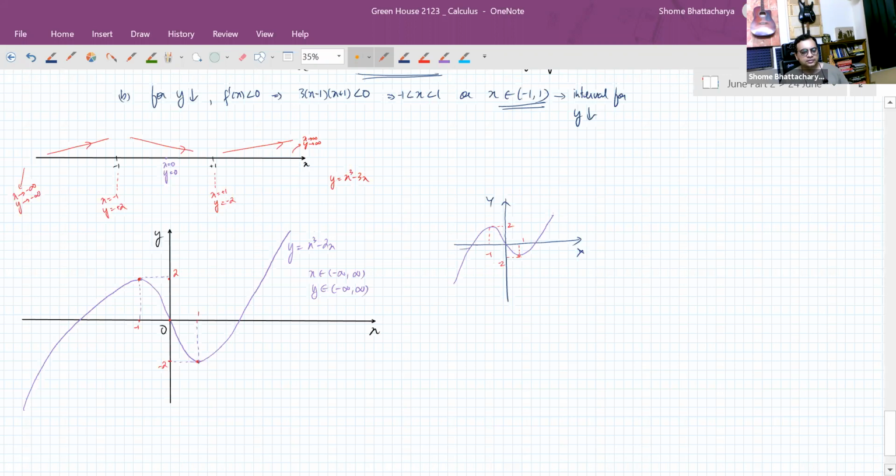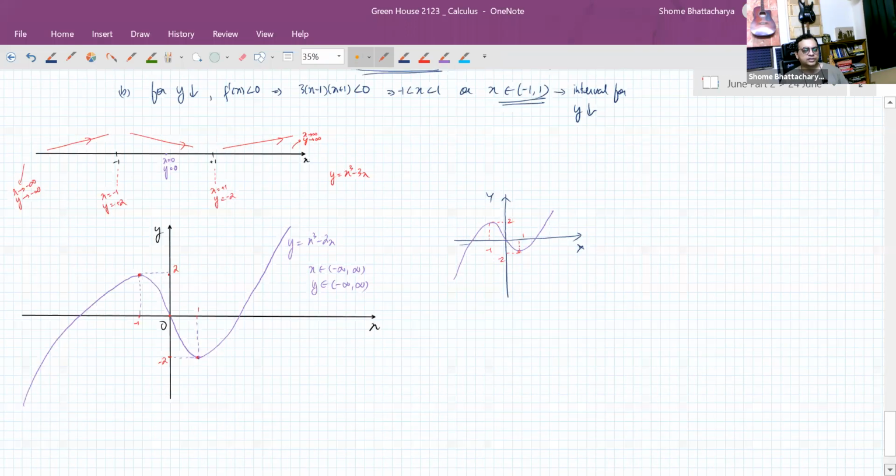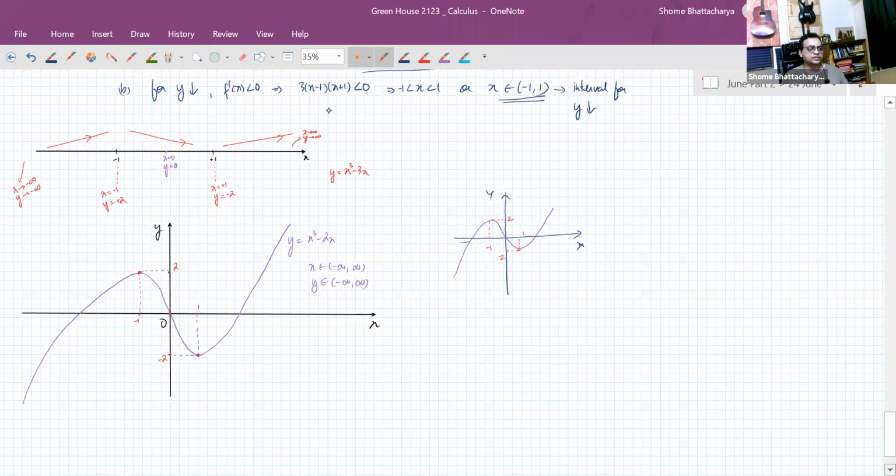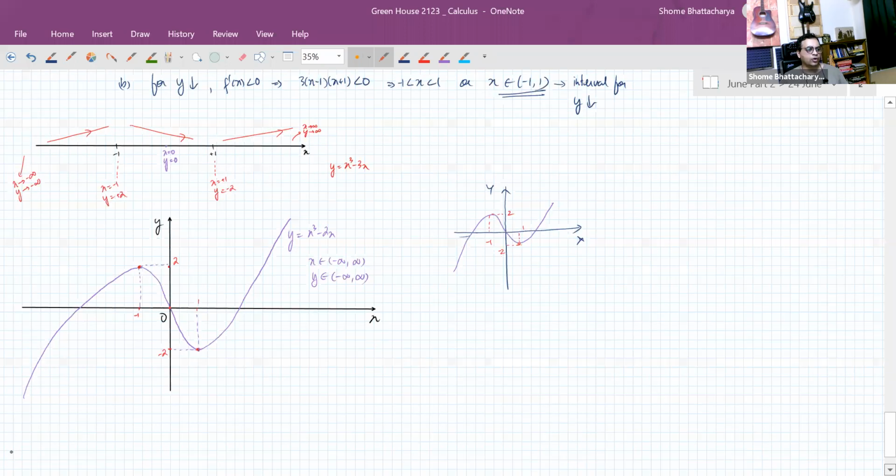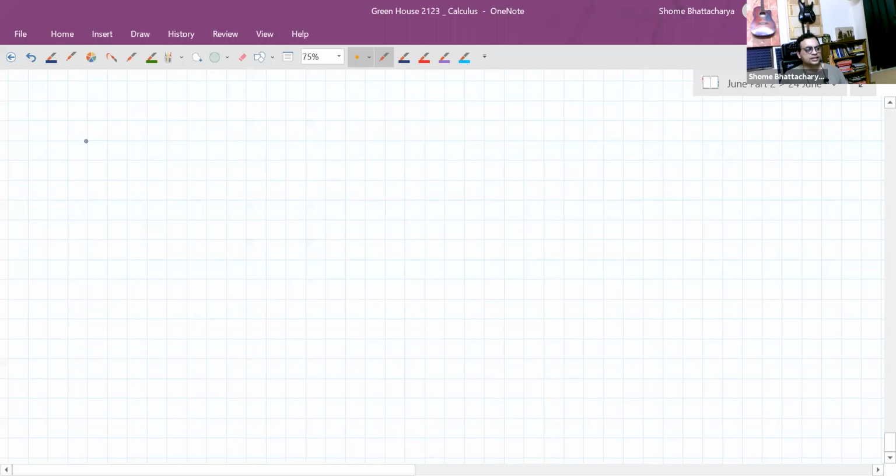Now, the second thing in the behavior of a function. That was about the intervals where the function is increasing and decreasing. Now, what else in the analysis of functions? We can use differentiation to find what is called local maxima and minima. So I'll explain this term.